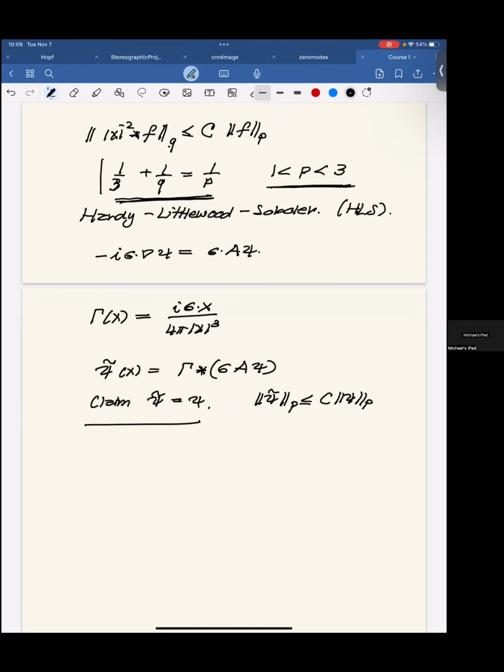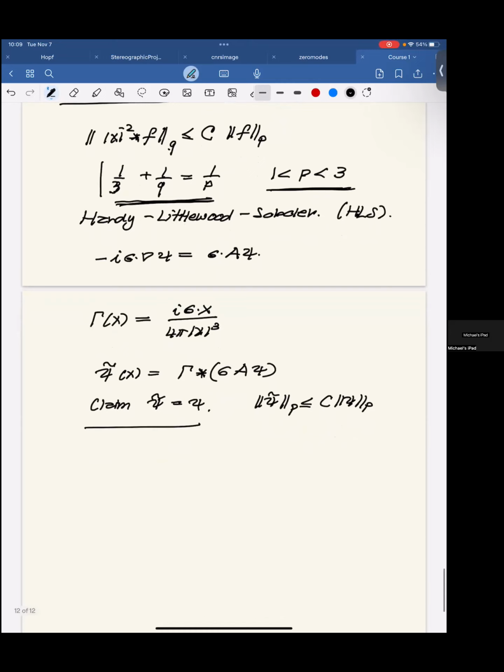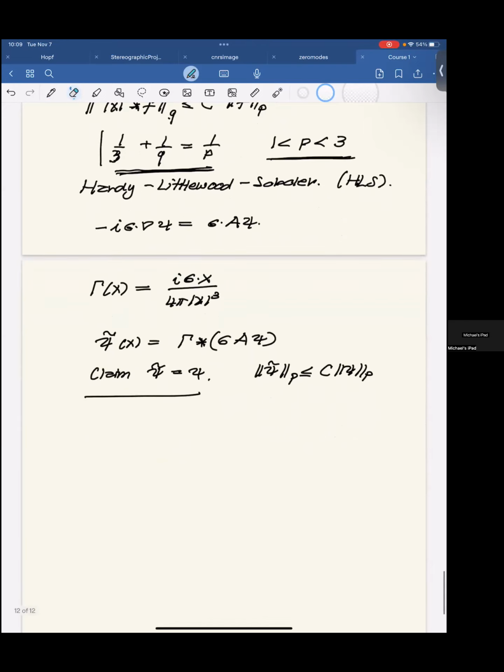Because if you take the psi in LP, and then you take sigma A psi, you have to change the P and the Q, right? So what is it? The psi twiddle P norm is less than what? Well, that's equal to this sigma A psi in R norm, right?